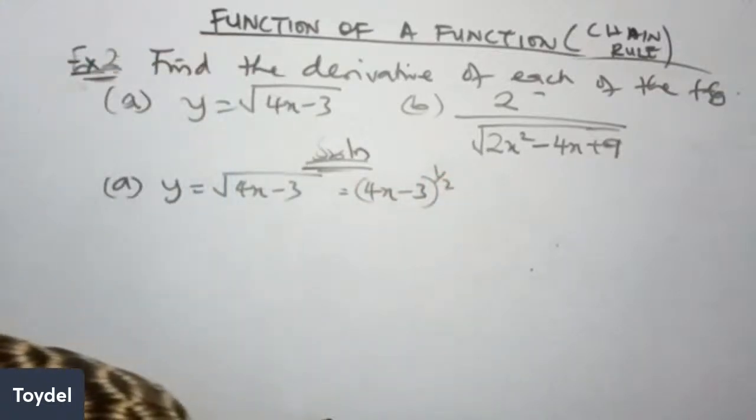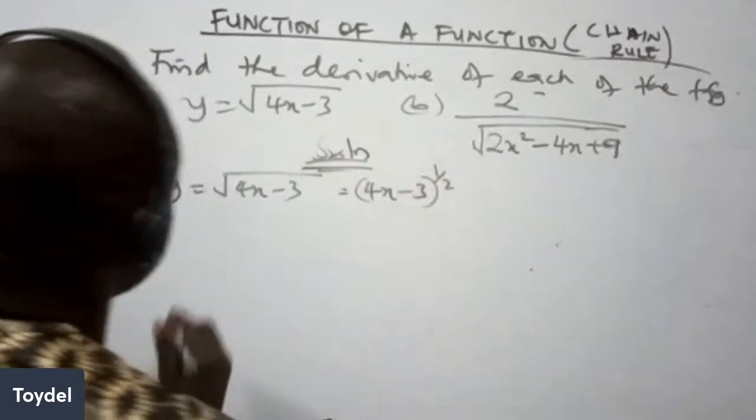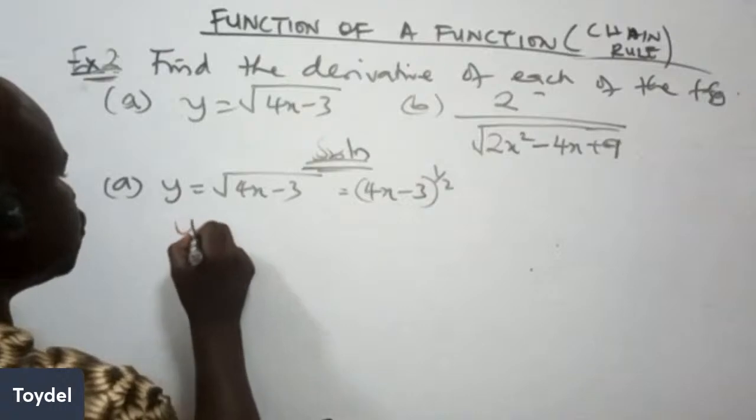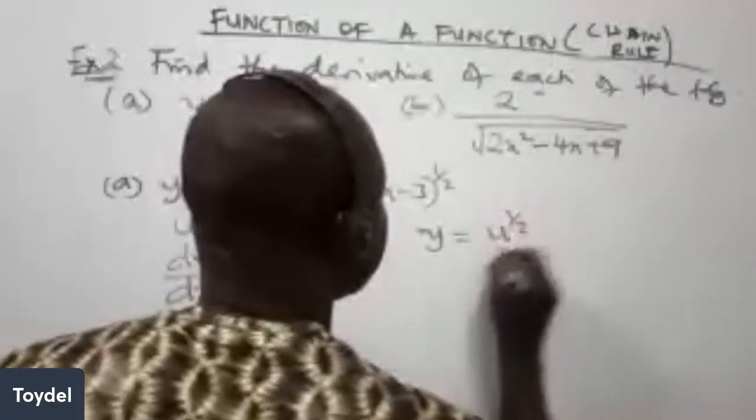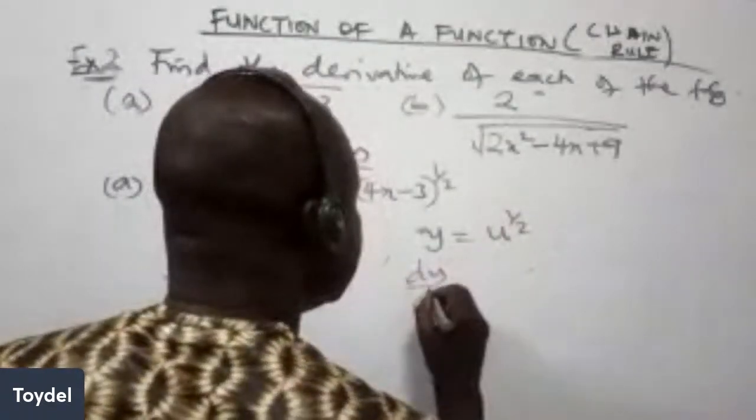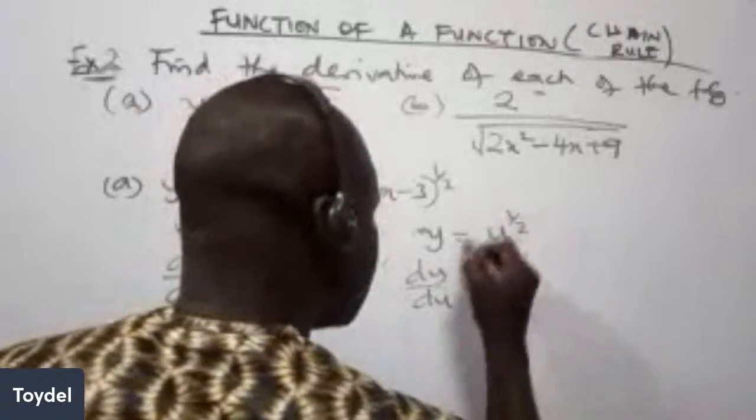That is the interpretation. So we let u equal to 4x minus 3, then y is equal to u raised to power half. So dy/du will now be equal to half will come down.